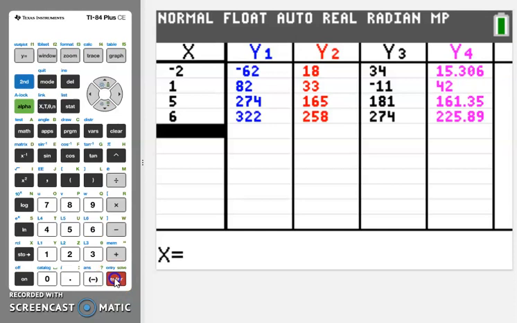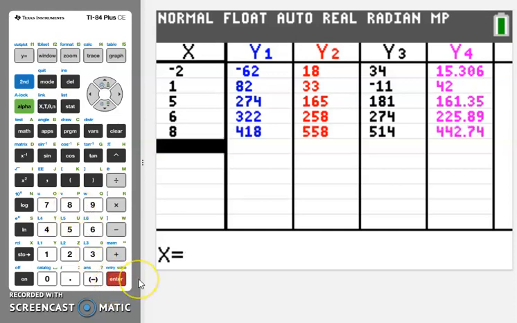And you'll notice that as I'm putting these in, the y values are appearing in each of the columns for each of the respective functions. Looking back at the original table, you'll notice that the second column, y2, has exactly the same values that were in the original table. So that means answer choice B is the correct answer.